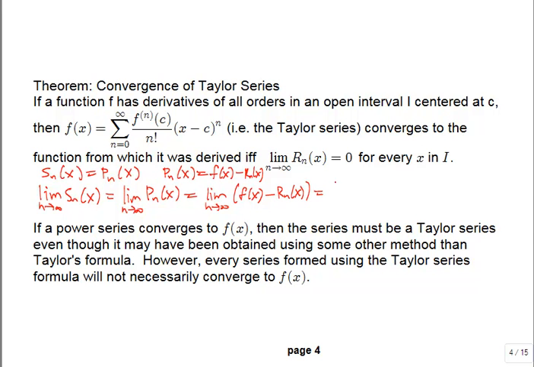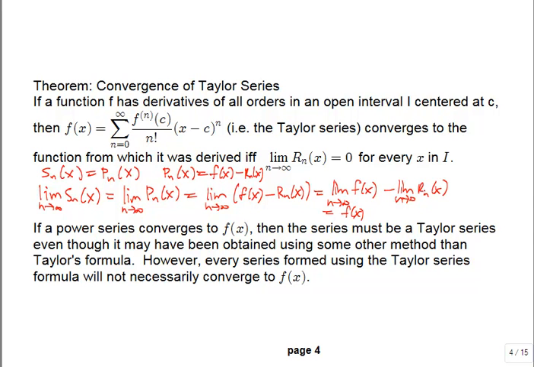And if we split that up, this becomes the limit as n goes to infinity of f of x minus the limit as n goes to infinity of r sub n of x. And this is just f of x right here because it's not dependent on n at all. This is the true value of the function using all infinite number of terms.